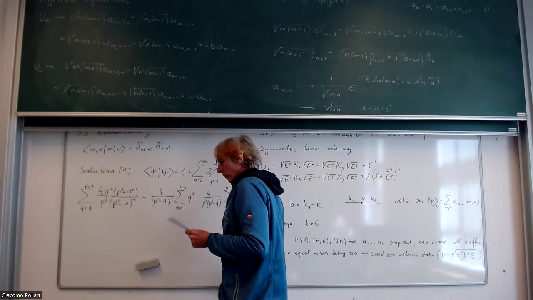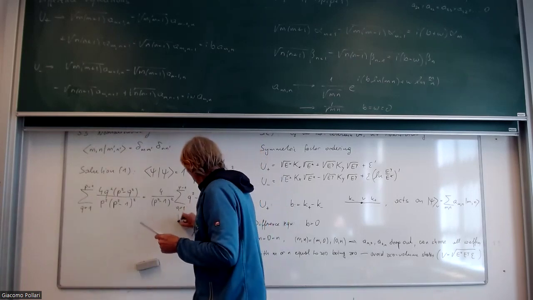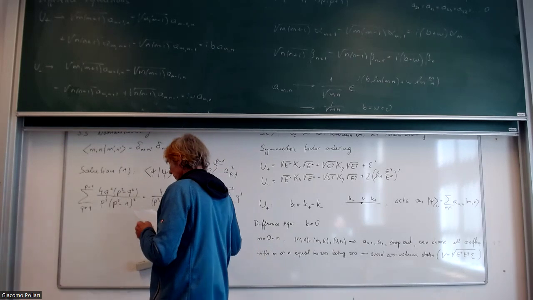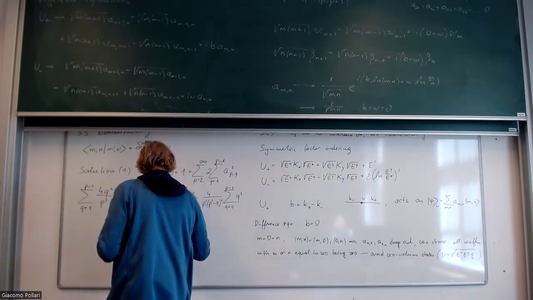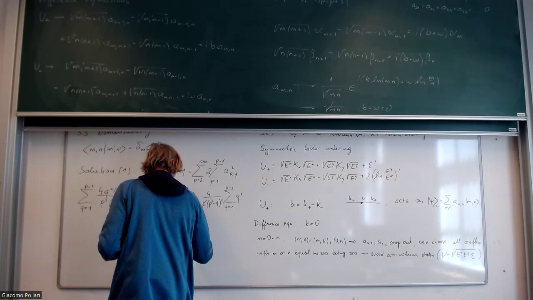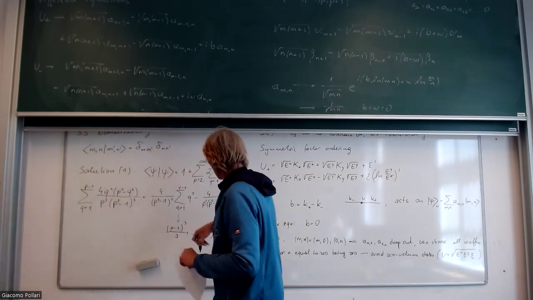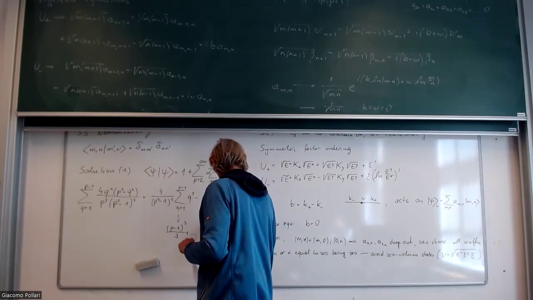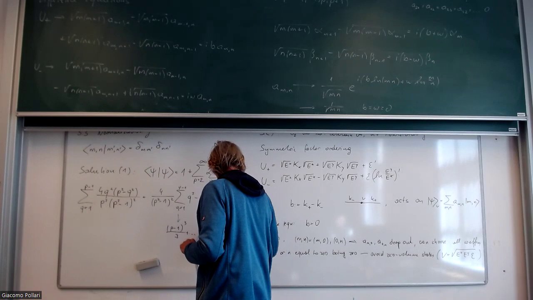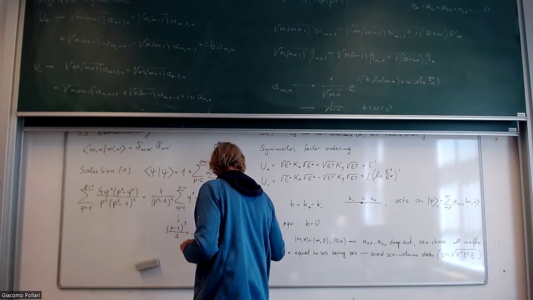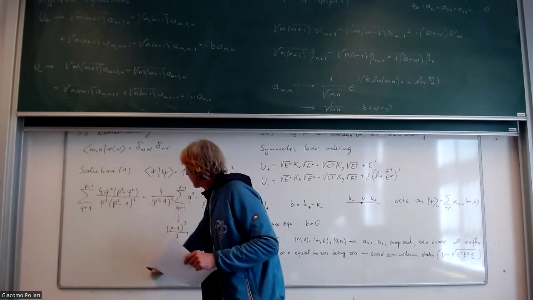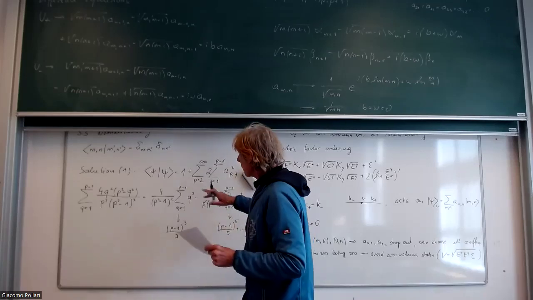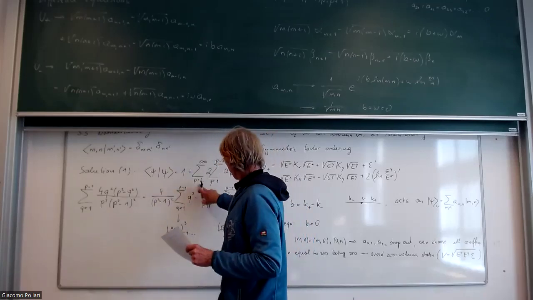So now we need only the dominant part of this. This is p minus 1 to the third divided by 3 and so on, and lower powers. And here the highest power is p minus 1 to the fifth divided by 5 plus and so on. Then we take the sum over p.